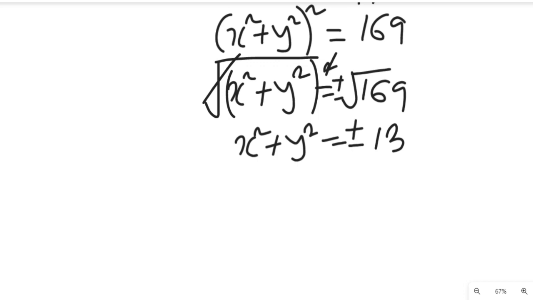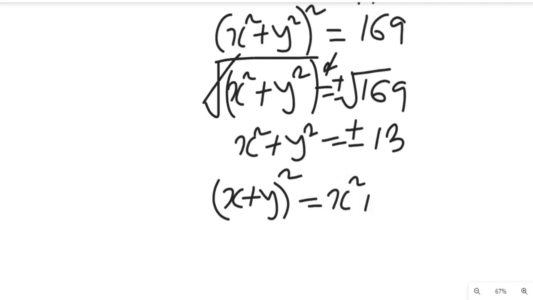Now, lastly, what we are going to do is to look at (x plus y) squared. We want to expand this. If we expand this, according to the binomial theorem, we are going to have x square plus y square plus 2 times the value of x and y. So from this expression, we've come to see that x square plus y square is plus or minus 13, and xy is equal to 6.